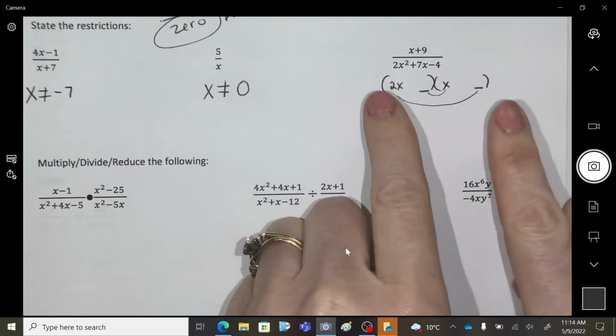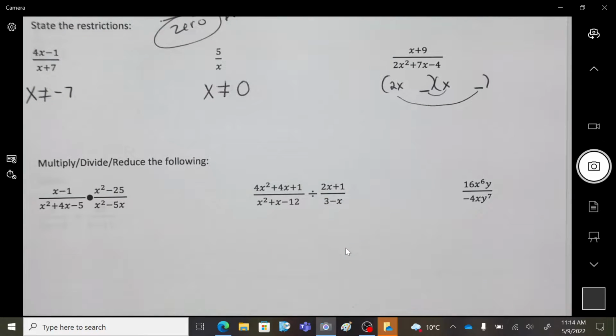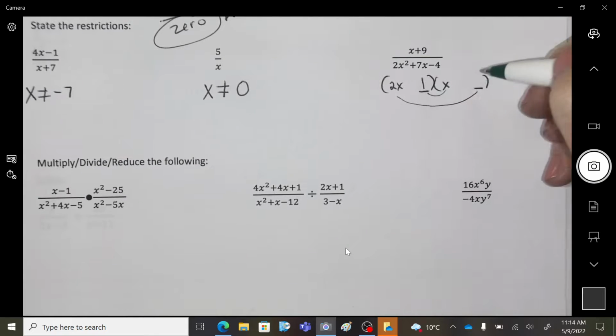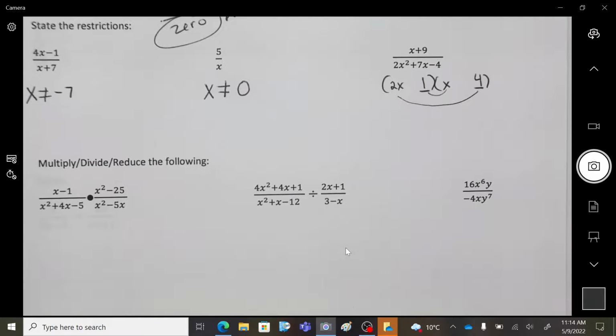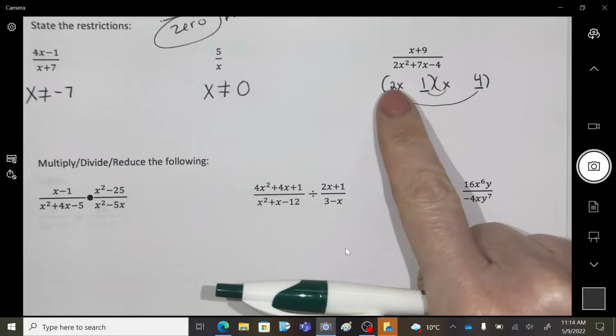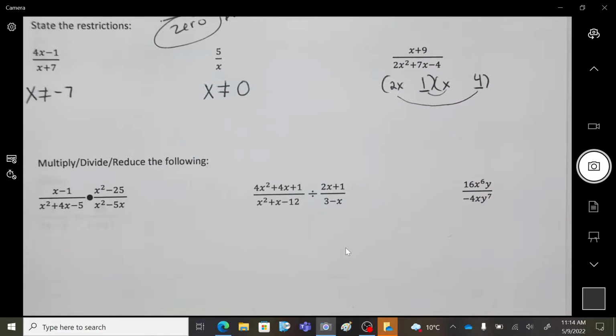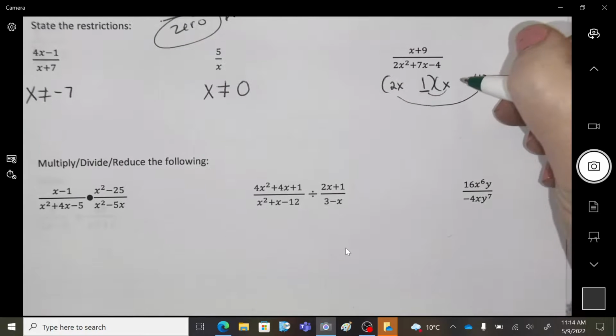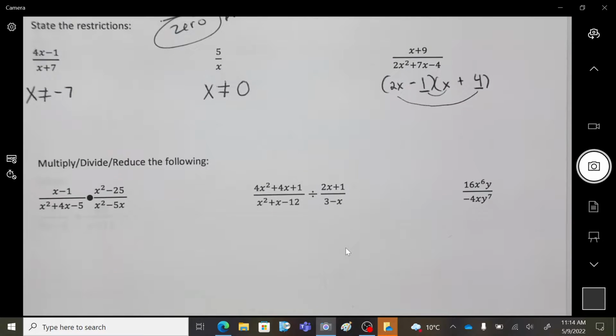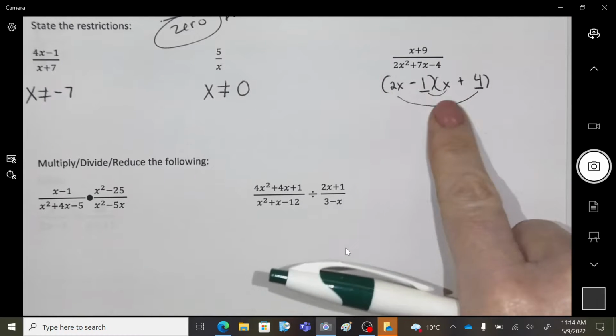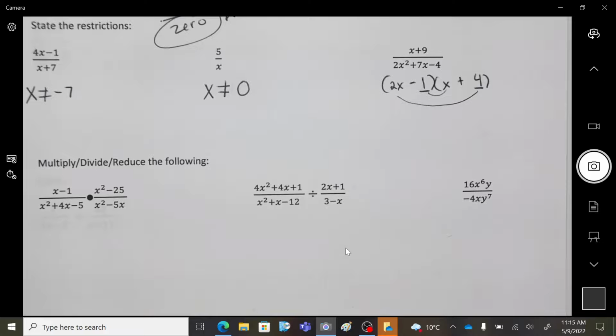Nope. An option with a 1 and 4 that could produce a 7. Do you see one? 2x subtract 1x plus 4. The 1 and the 4 to make 1 and 8. So that makes a plus 8 and that makes a minus 1. So that is good. It made a 7.